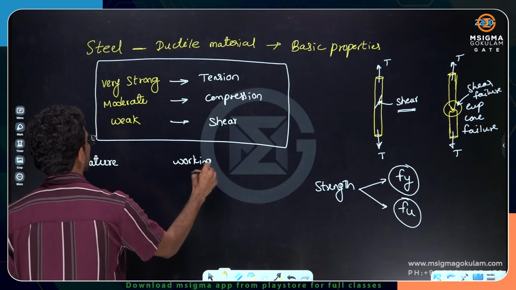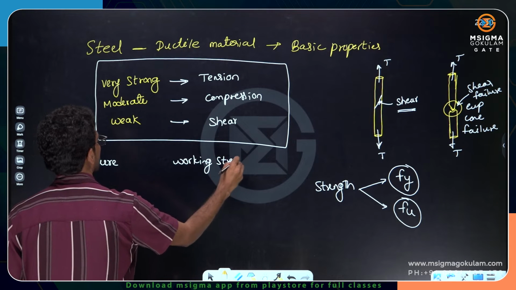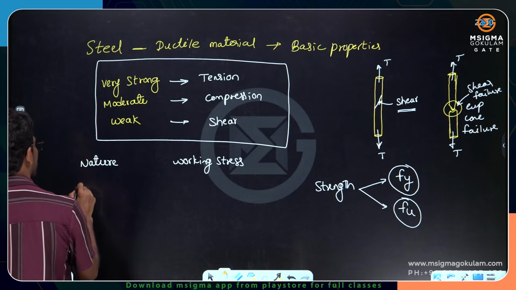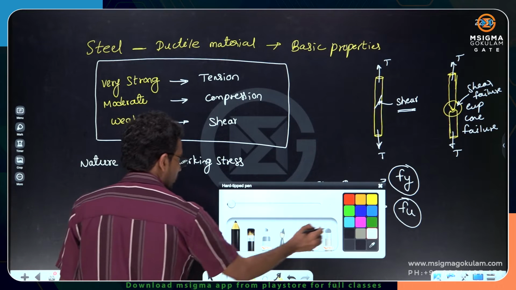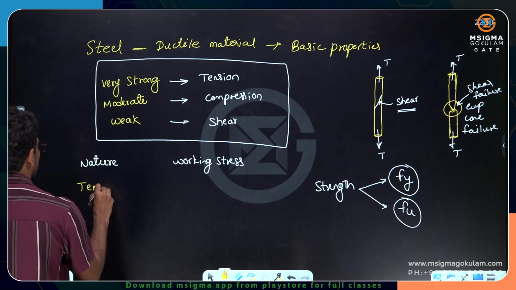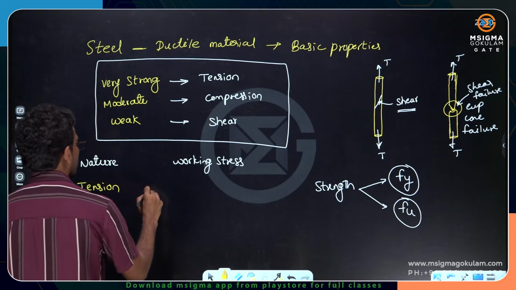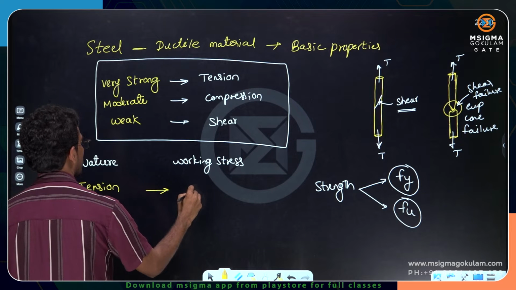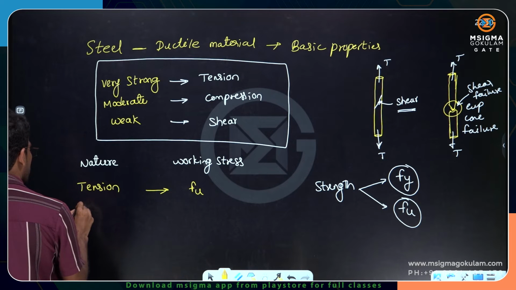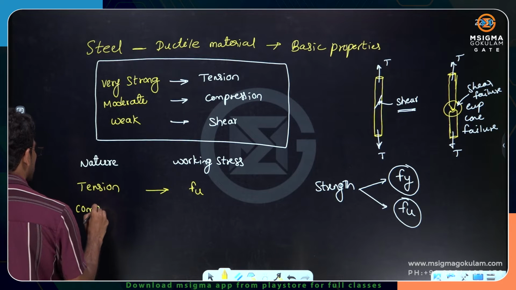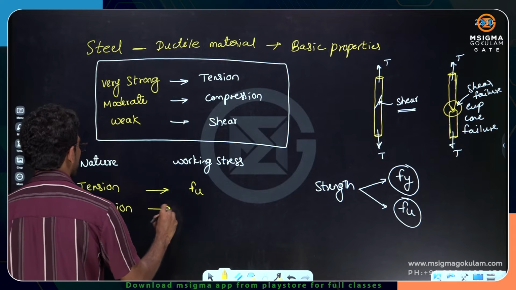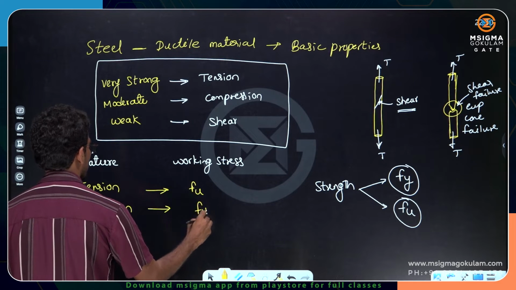First we talk about tension. For tension, the working stress we can take is the ultimate stress. When I talk about compression, the stress that I am going to take is the yield stress.